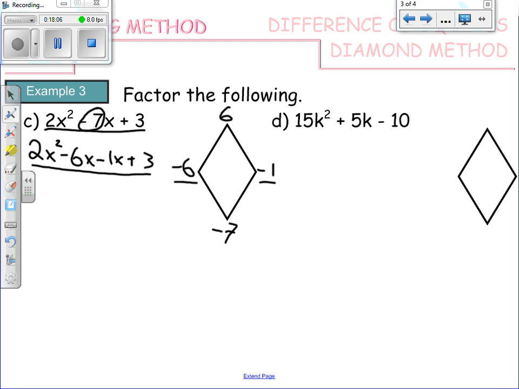Now what do we have to do? If you've gotten to this step and you've rewritten this properly, you have to draw your line down the middle. You're going to take your greatest common factor to the left side and your greatest common factor to the right side. So Michael's saying 2x gives you x minus 3.